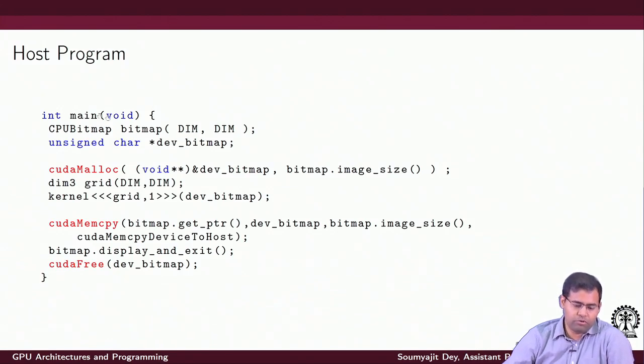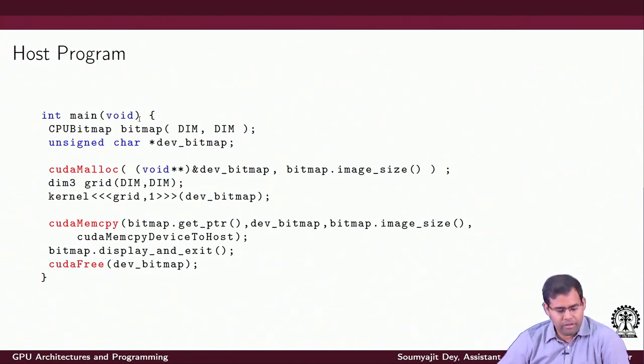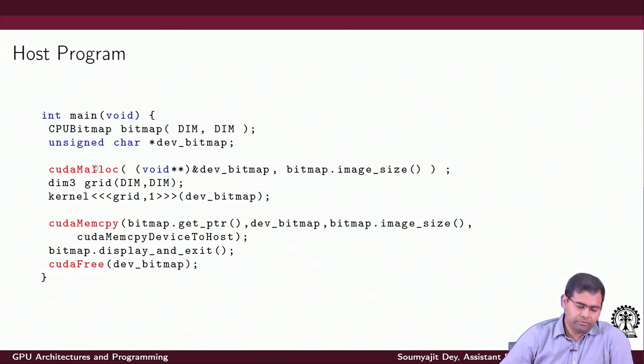As you can see in main, I have that CPU bitmap, like earlier, which provides the bitmap definition, and then I do a cudaMalloc on the GPU side memory, where I am going to transfer the bitmap.